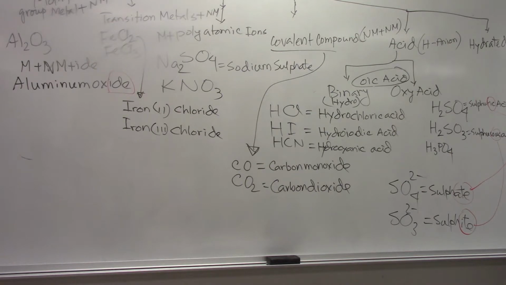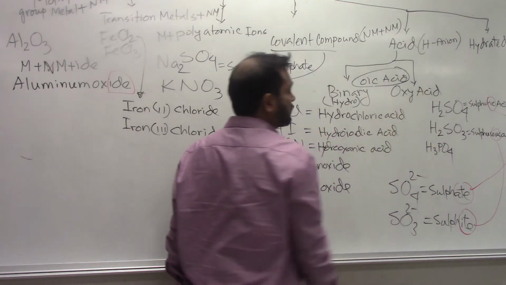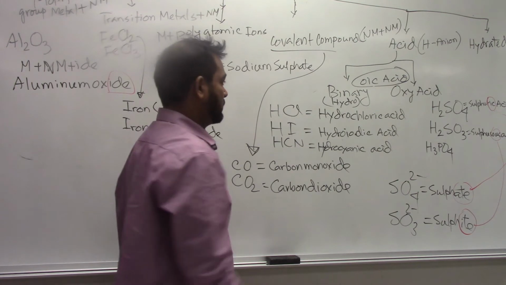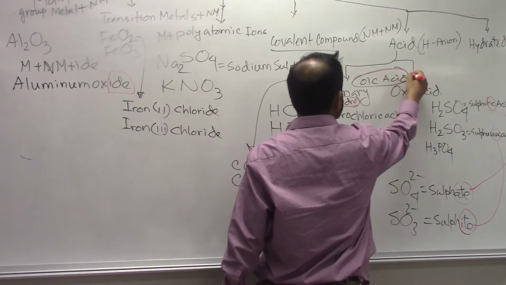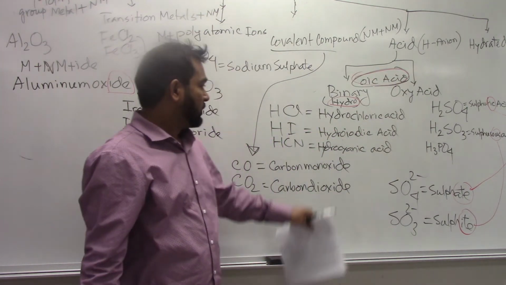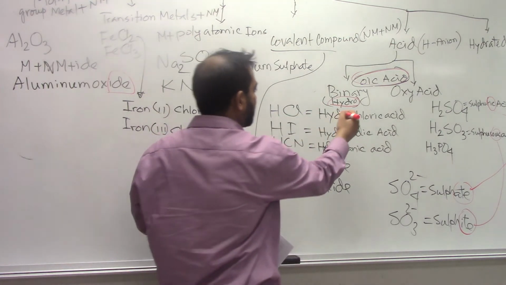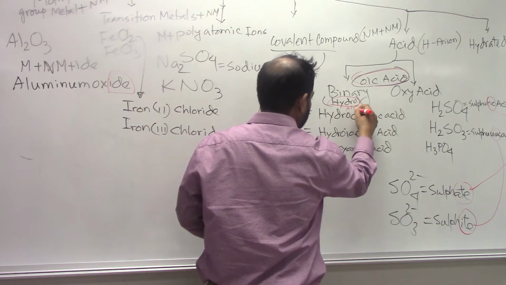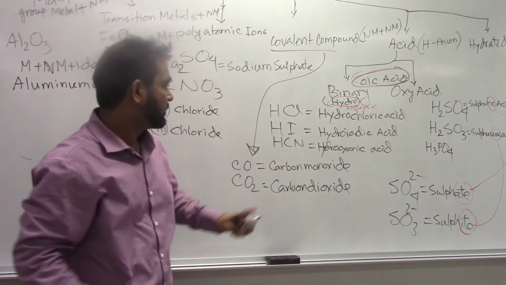You see? And we do not say hydro in here, do we? No. Hydro is only for binary acids. But in oxy acids, we do not say hydro. The base is always the same. One more thing: binary acids always use ic. Always ic.